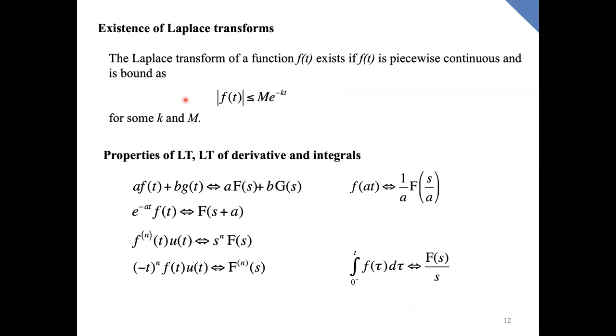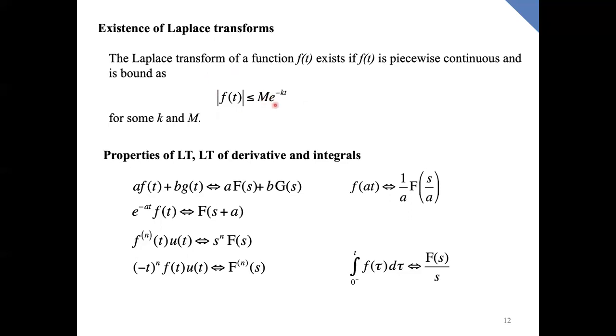Here, as I said, are some concepts important to better understand how the Laplace transform works. One of the most important is to check if a Laplace transform exists. There is a theorem that says that the Laplace transform of a function f of t exists only if you have this condition, so it is piecewise continuous in this bound.